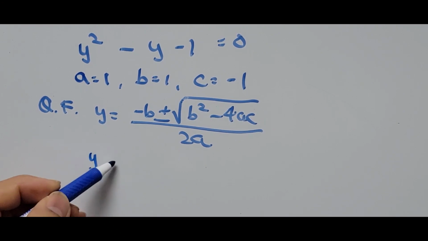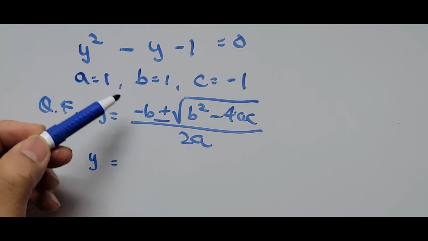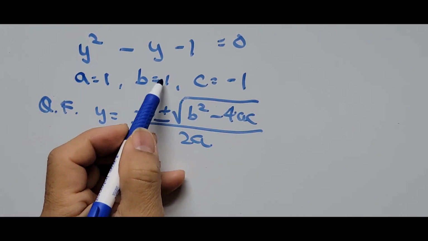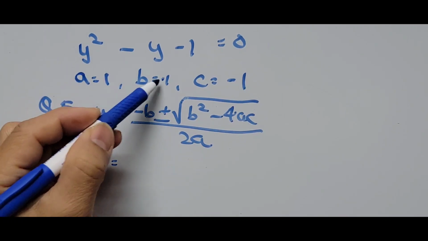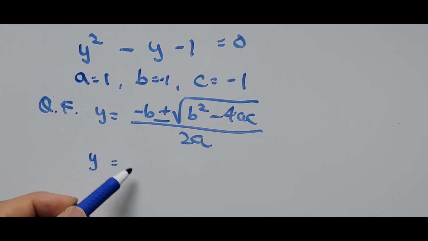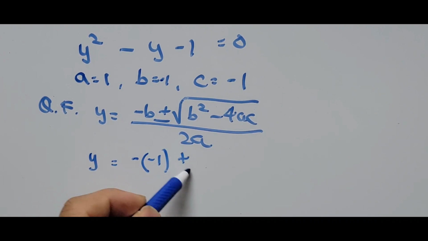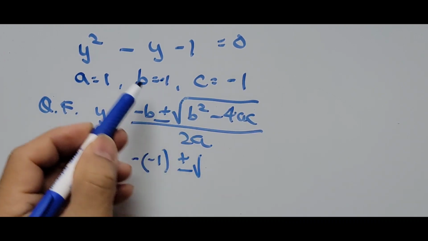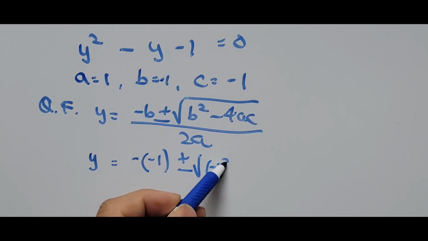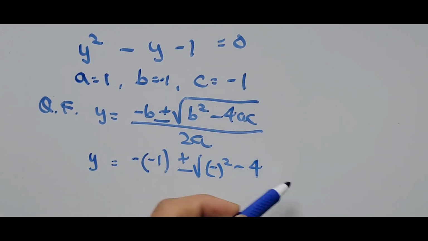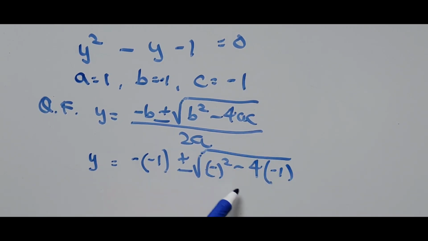So y now is equal to minus b, where b is minus 1 actually. So minus negative 1, that's 1, plus or minus the square root of b squared, negative 1 squared, minus 4 times a, which is 1, times c, which is negative 1, all divided by 2 times a, which is 1, so just 2.